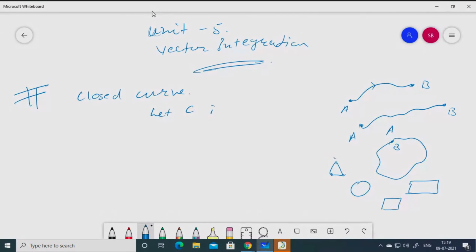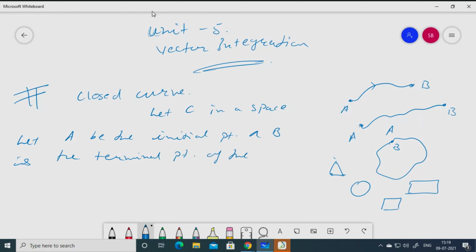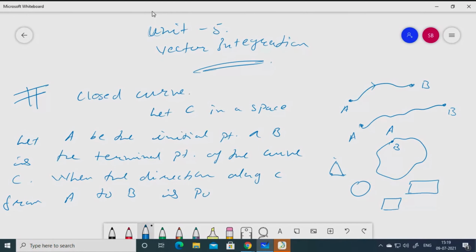Suppose C is a curve in space, and let A be the initial point and B be the terminal point of the curve C. Now, when the direction along C from A to B is positive, then the direction from B to A will be what?